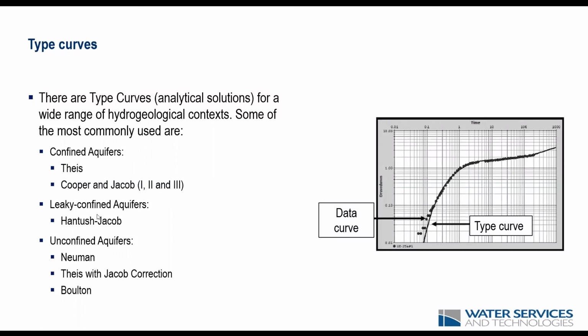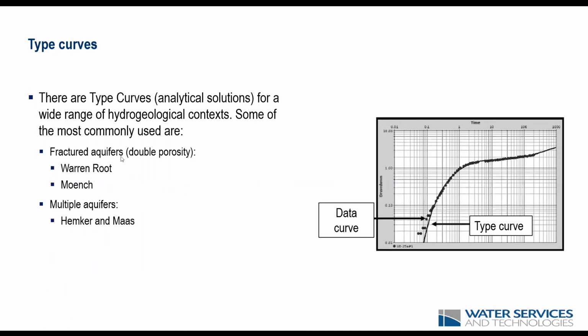So for leaky aquifers, we have the Hantush solution. For unconfined aquifers, we may use Neumann, or we may use Theis with Jacob correction. And some methods have also been developed for double porosity or fractured aquifers, as well as multiple aquifer systems assessed during a pumping test.